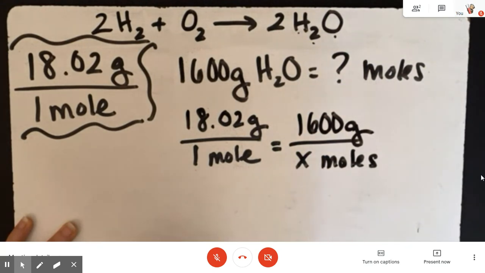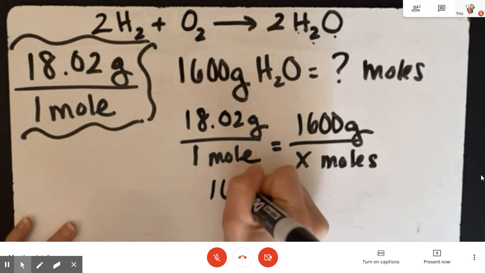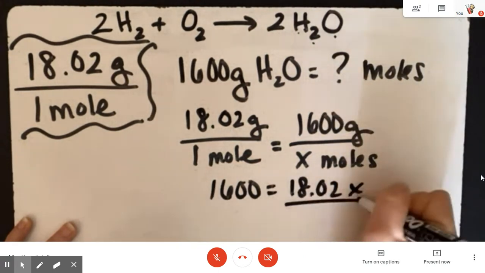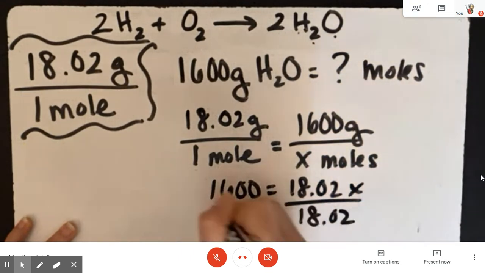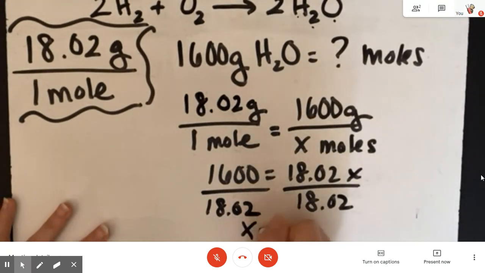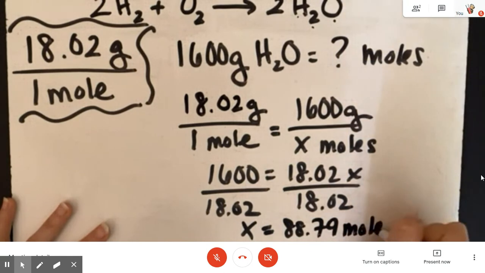Cross multiply and solve for X, and you would get 1,600 equals 18.02X. Divide both sides by 18.02 to get the X by itself. And we'd find out that X equals 88.79 moles of water.